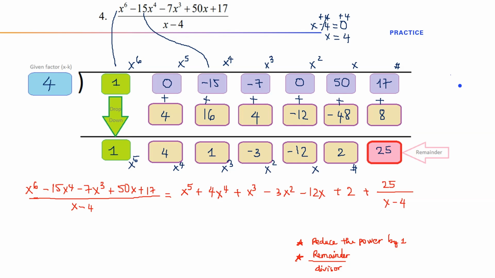That's right here. Everything we reduce by 1, right? And also when we write it out, we have to put the remainder over the divisor for the last term.